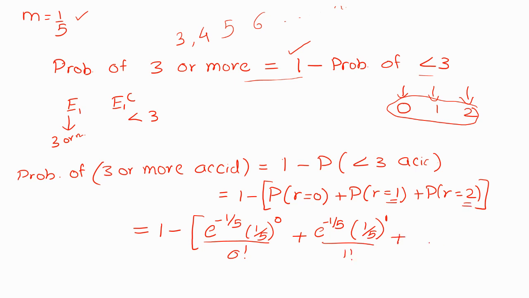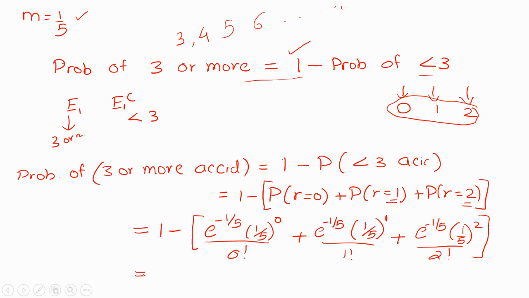Plus now my r value is 2, therefore e raised to minus 1 by 5, 1 by 5 raised to 2 upon 2 factorial. Now I have substituted everything in my formula.